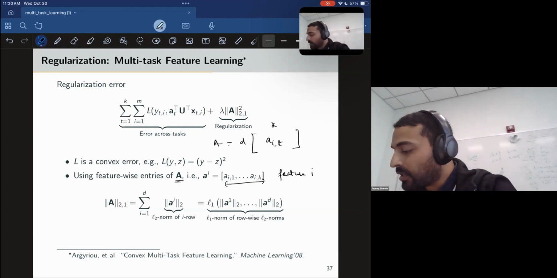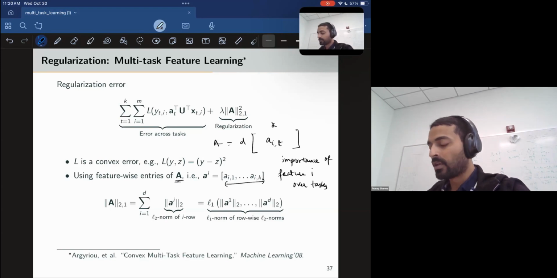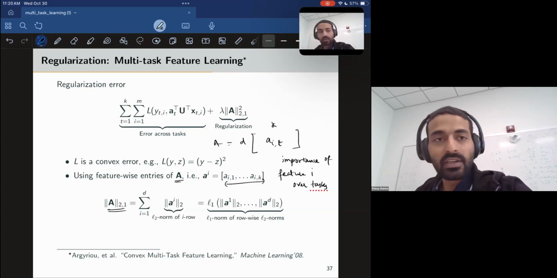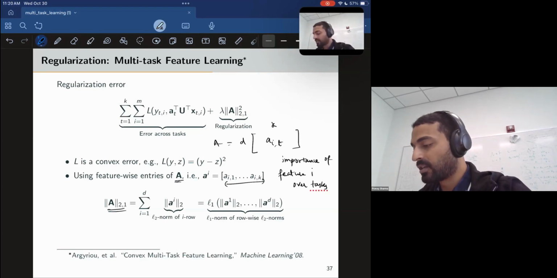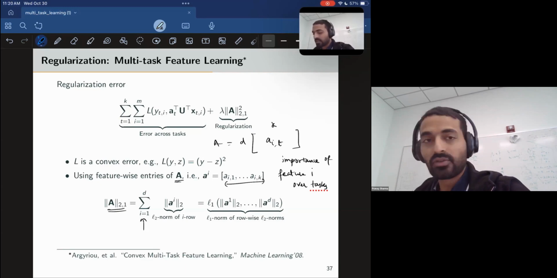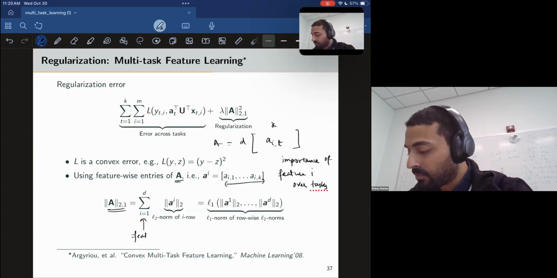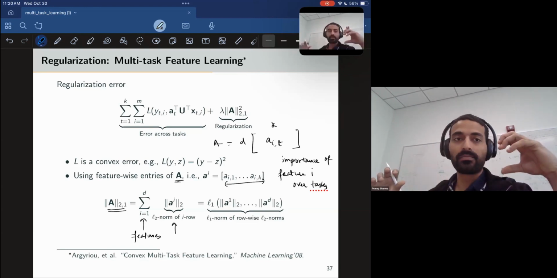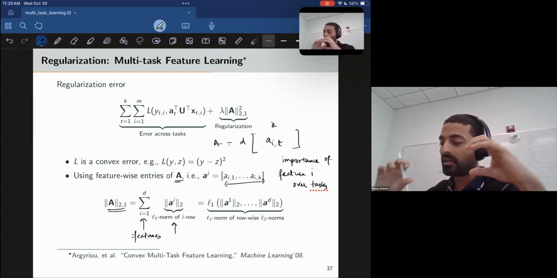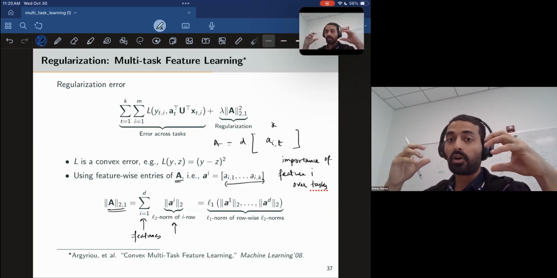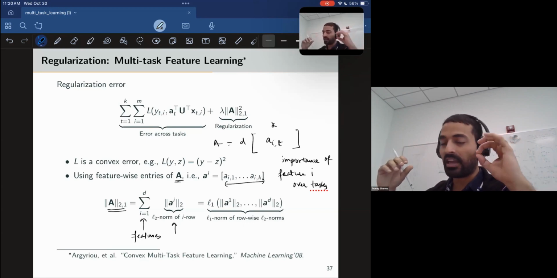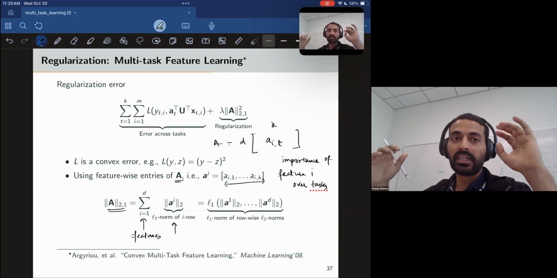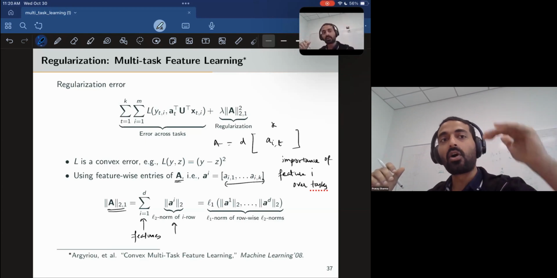What this weird looking A_{2,1} norm gives us is that you sum over D, so you sum over features, the L2 norm of every row. So you look at all the importance coefficients of every feature over all the tasks, take an L2 norm, and then sum it over all the features.